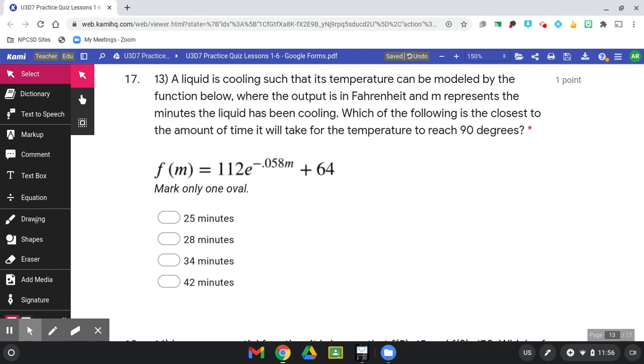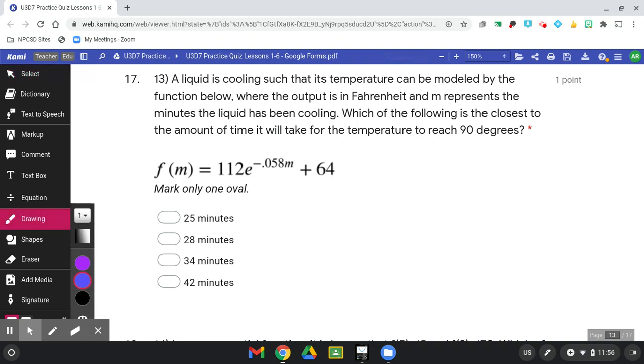Okay, a liquid is cooling such that its temperature can be modeled by this function. All right, the output is the Fahrenheit temperature after m minutes that it's been cooling, and we want to find out how long it takes to get close to 90 degrees. Okay, so if we were figuring this out algebraically, we would have 90 equals, and then this.